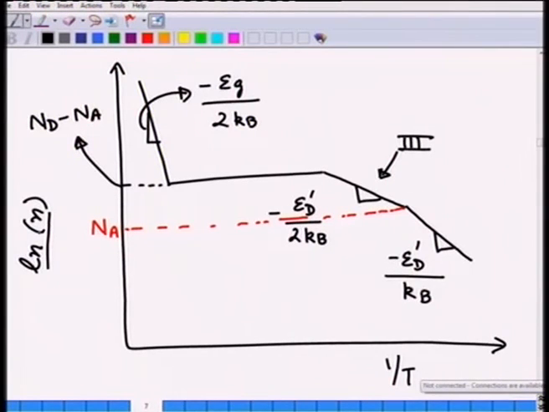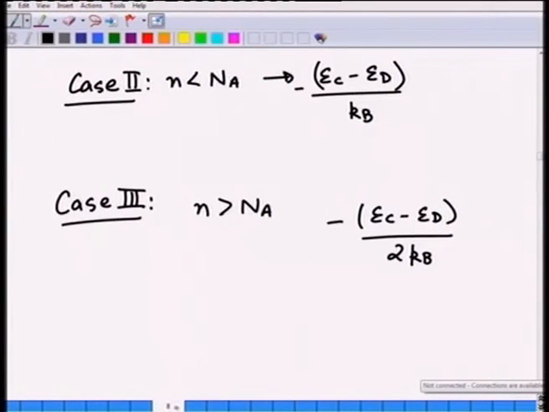And by the way, keep remembering, because I am assuming that we are plotting this on a semi-log type of graph paper, the number we read out here is Na, and the number we read out here is Nd minus Na, but otherwise if the log value is taken, then you can think of this as a log. I should write log in front of it also if you wish, depends on how you want to read it. Anyways, with that I hope you understand that part. So, if I look at case 3, then n was equal to Nd minus Na, and Nd of course was very large.